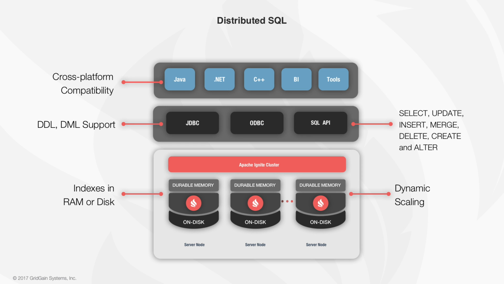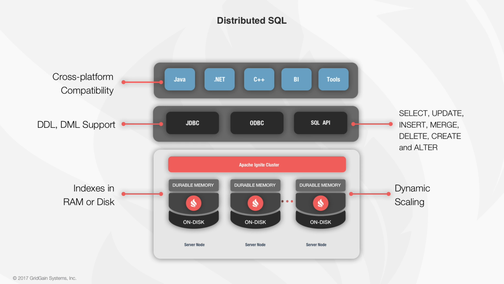The same becomes true for indexes. If you define indexes, primary indexes, secondary indexes, all the indexes will be distributed and stored close to the data that they index. And on top of this distributed storage, on top of these data sets that you have in your cluster, you can start using Ignite as an SQL database.